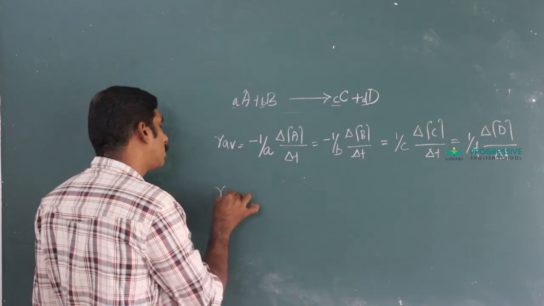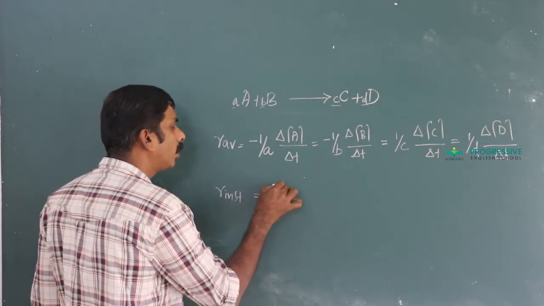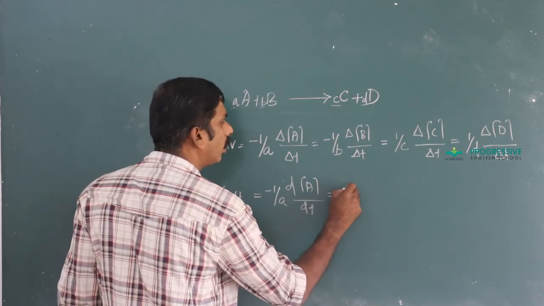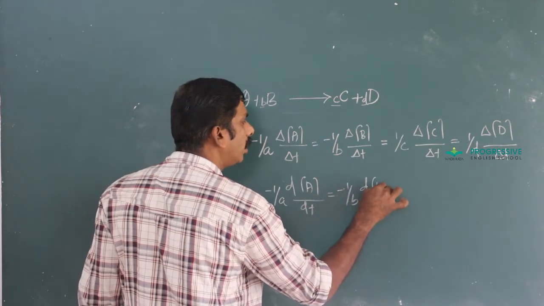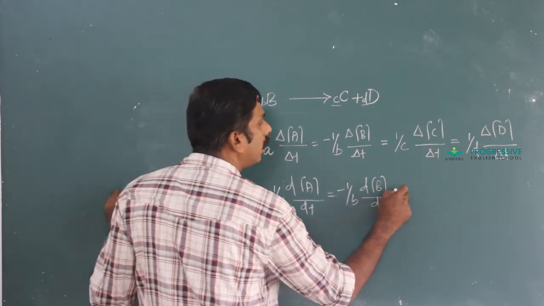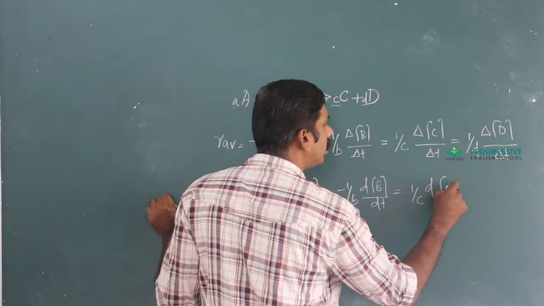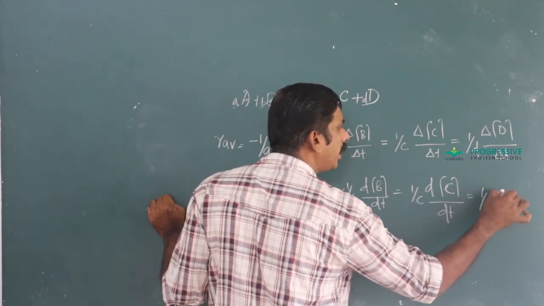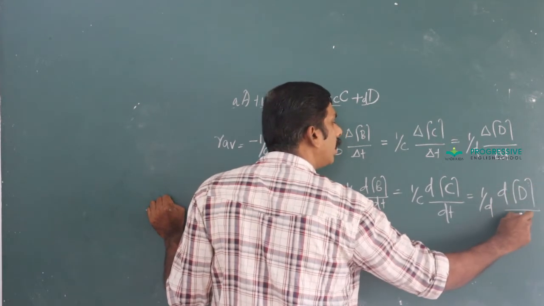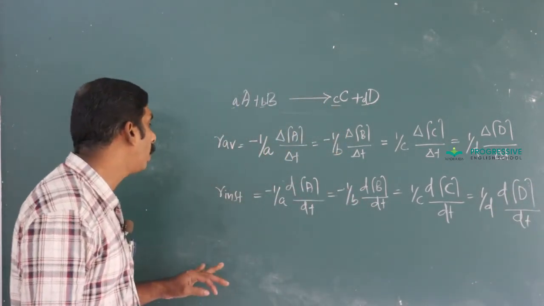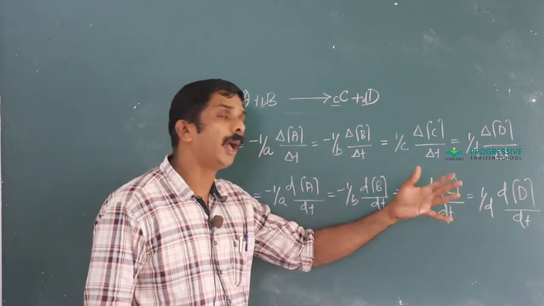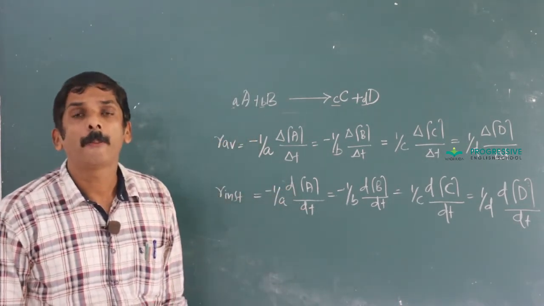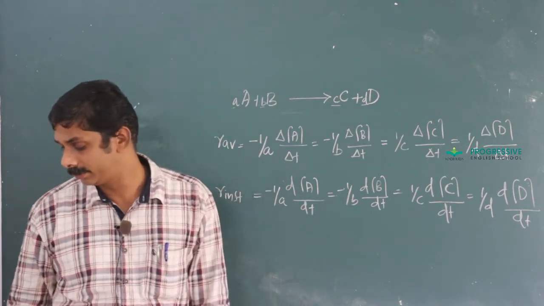Or the instantaneous rate equals minus 1 by a, dA by dt, equals minus 1 by b, dB by dt, equals 1 by c, dC by dt, equals 1 by d, dD divided by dt, where small a, small b, small c and small d are the coefficients of reactants and products in the above equation.